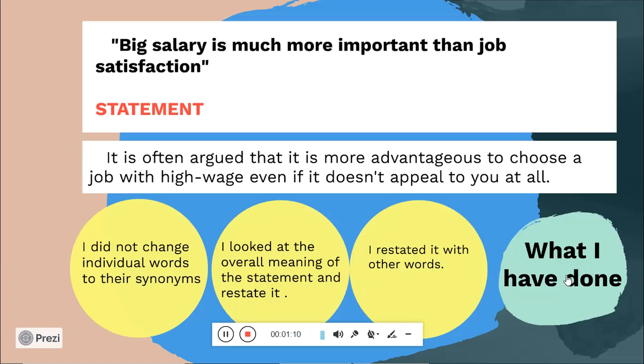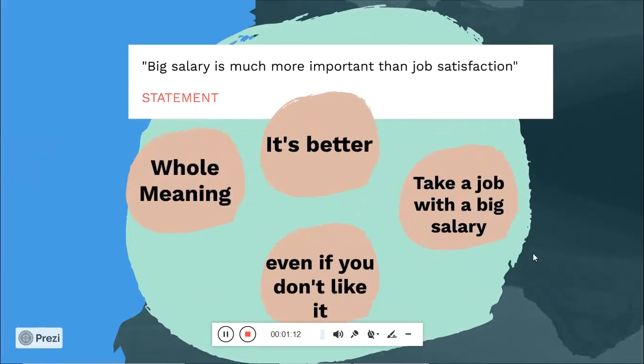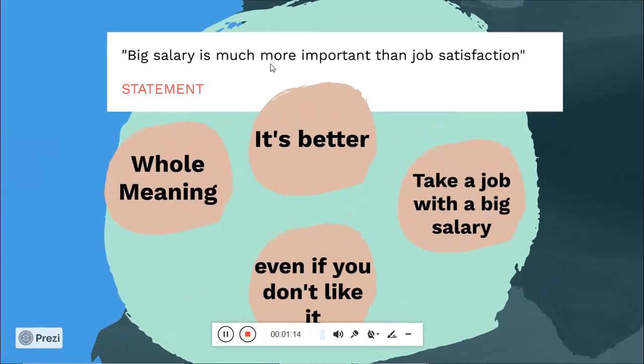So let us revise what I have done. Big salary is much more important than job satisfaction. Let us divide it into some words.